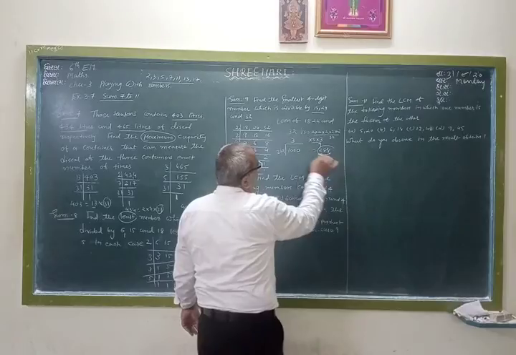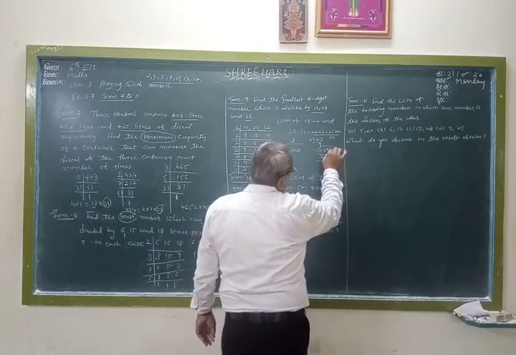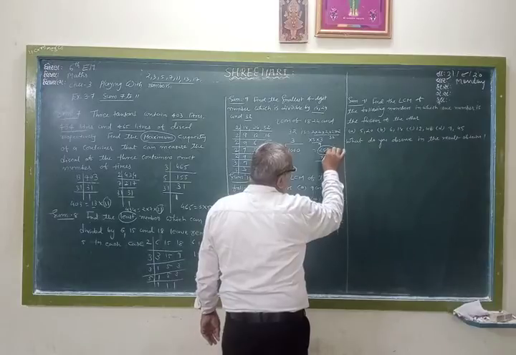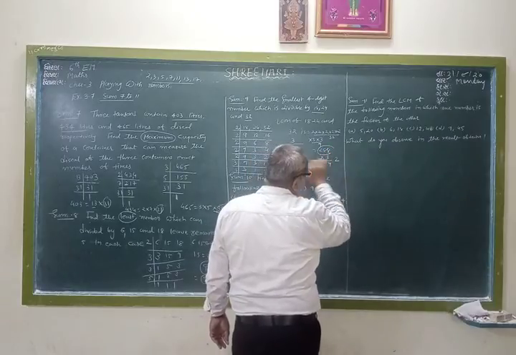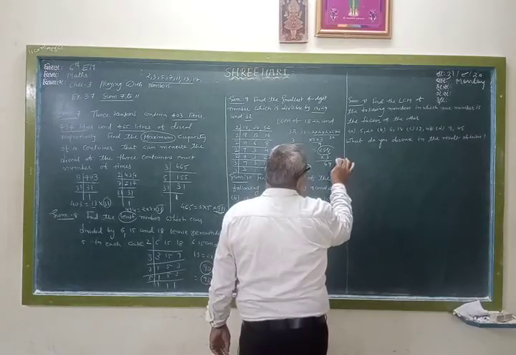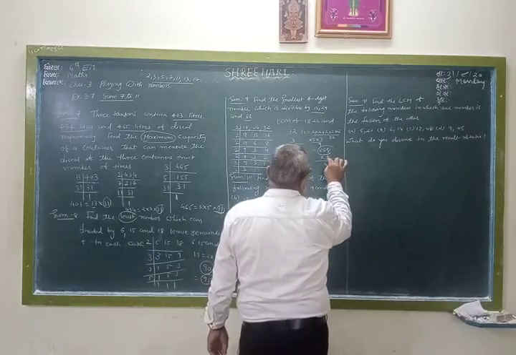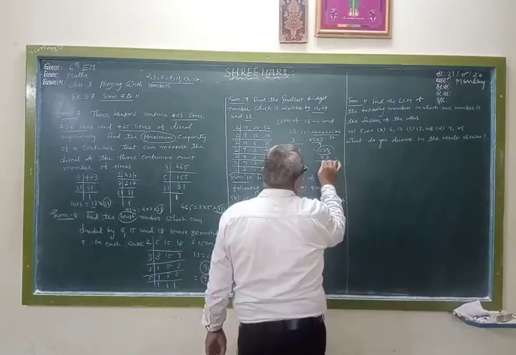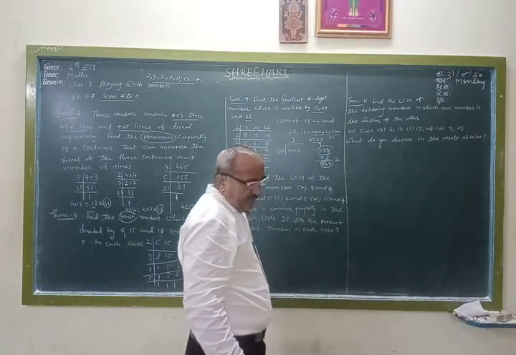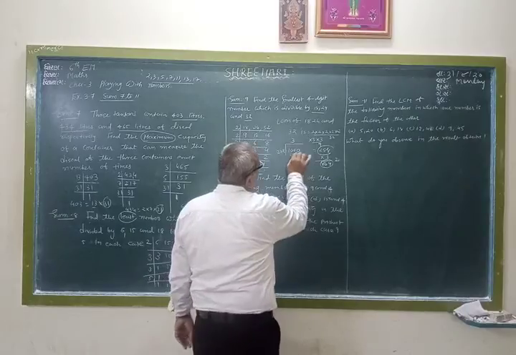So 200 into 3. 8 times 3 is 24. Here 2. 8 times 3 is 24 and 2. 26. Here 2. 2 times 3 is 6 and 2. 8. 164.